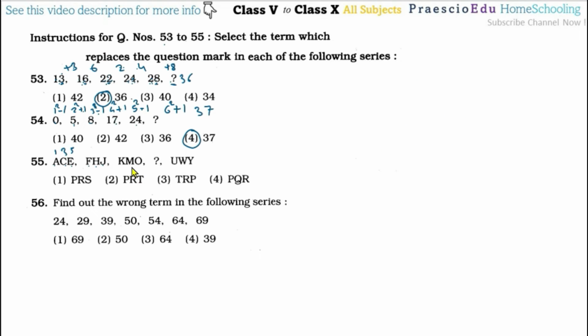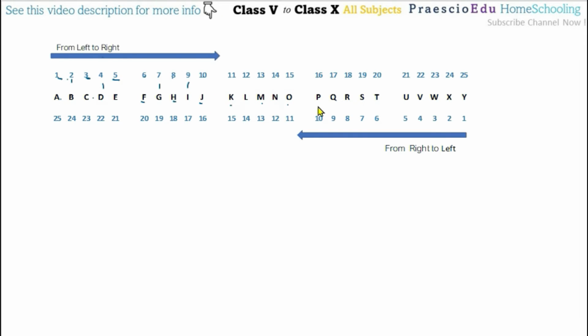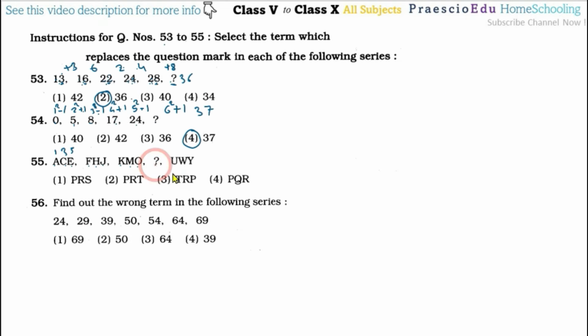In the same sequence, K, M, O, then P, R, T, and then U, W, Y. So here P, R and T, and then U, W, Y. This is the missing one, which can fit the question mark. So that's why option number 1 is the correct one.